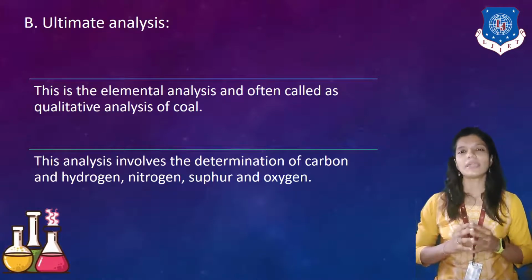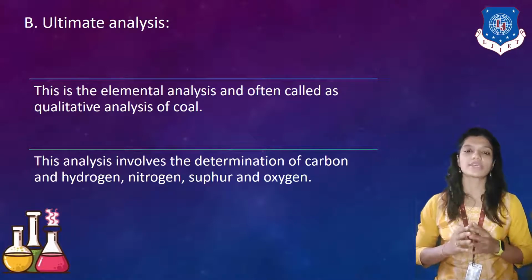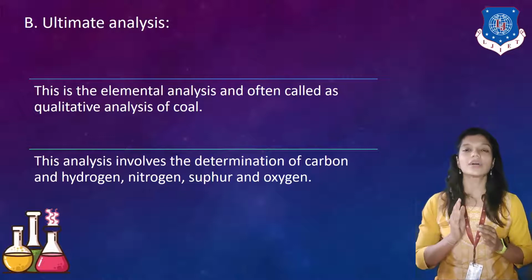To move ahead with this kind of analysis, we will take a look at the ultimate analysis of coal. Ultimate analysis of coal is basically an elemental analysis and it is often known as qualitative analysis of coal. Remember it properly: proximate analysis is the quantitative analysis, while ultimate analysis is referred to as the qualitative analysis of coal.